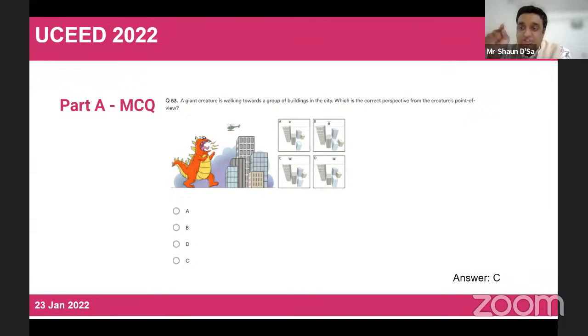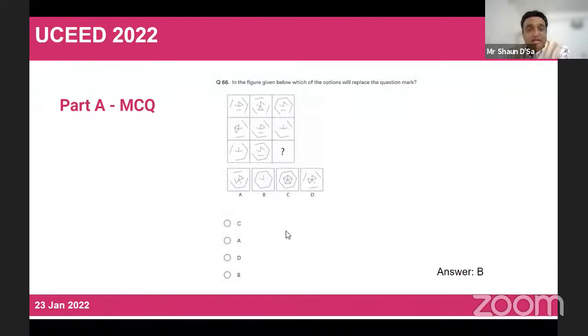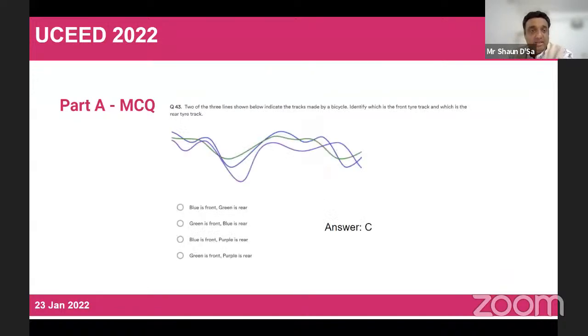So the way they would test your drawing skill and art skill was through these types of questions, converting them into MCQ type questions. In the figure given below, which of the options will replace the question mark? Another type of MCQ question.